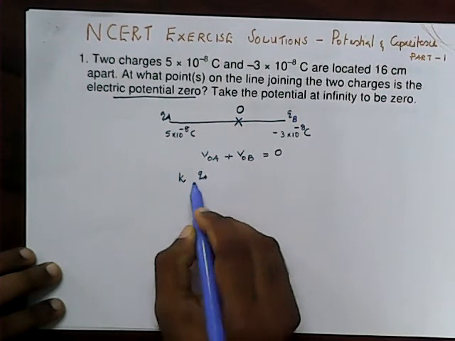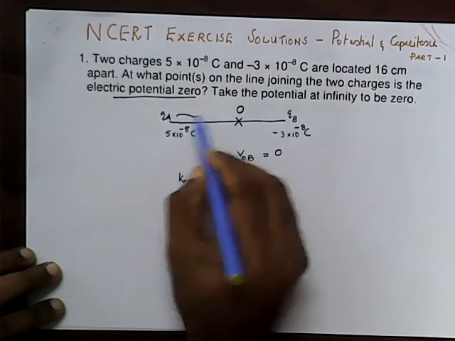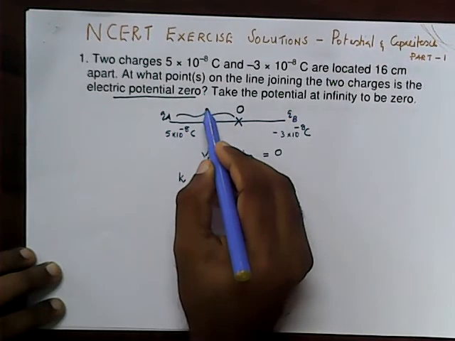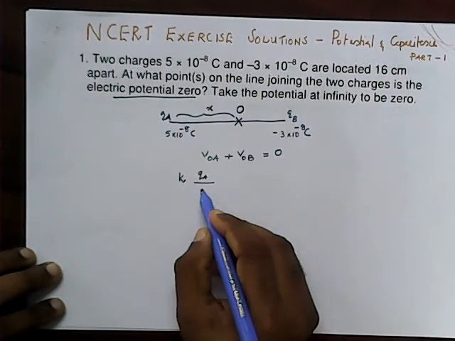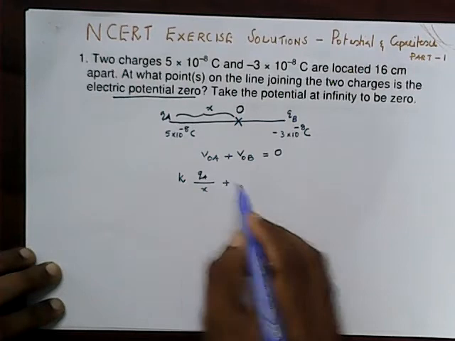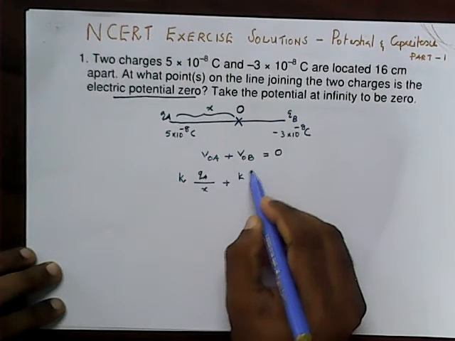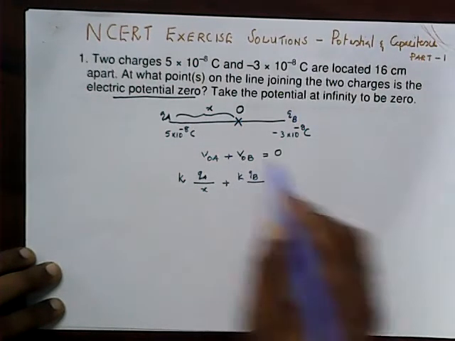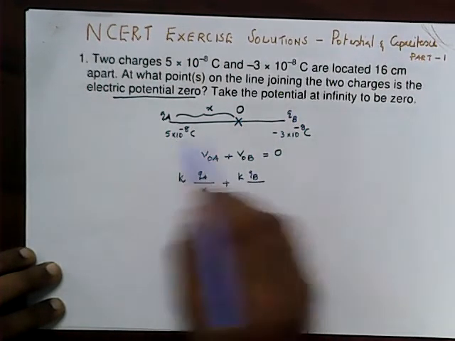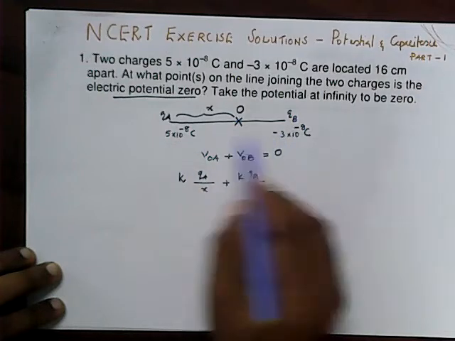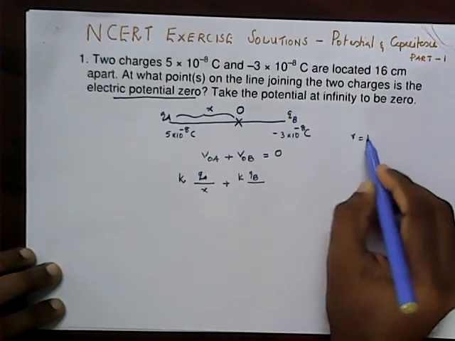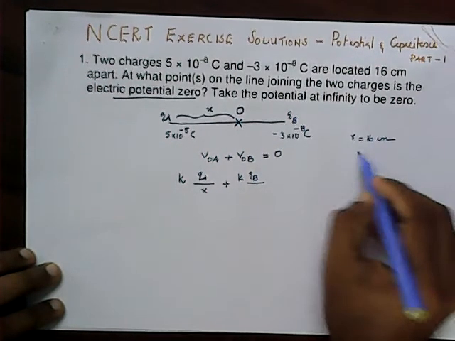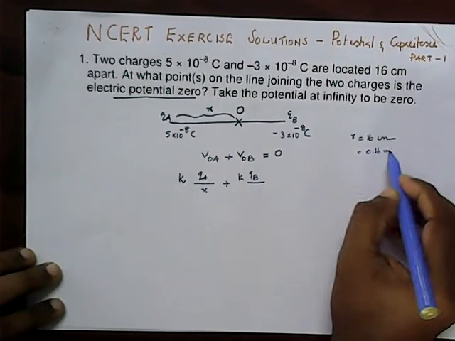That means we can easily write K into QA divided by the separation. Suppose from A it is at say X. Then we can say K into QA by X plus K into QB by, and here they are totally at a separation of 16 centimeter, that is 0.16 meter.